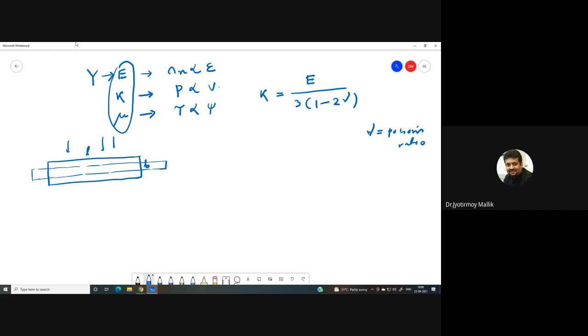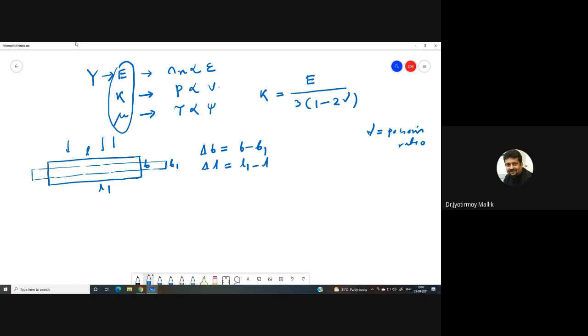Suppose this is B1 and this is L1. So delta B is equal to B minus B1, and delta L is equal to L1 minus L, right?